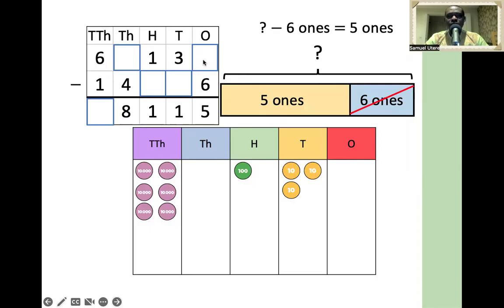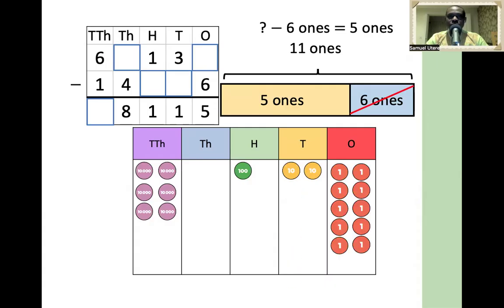But if it is 11 ones, thinking about the way we write when we're doing our subtraction, there must have been a 1 here. So we must have done an exchange from the 3. All right? We must have done an exchange from the 3. So to be able to do that, that will have to now be 11 ones. So if we represent it on there, we'll have this.